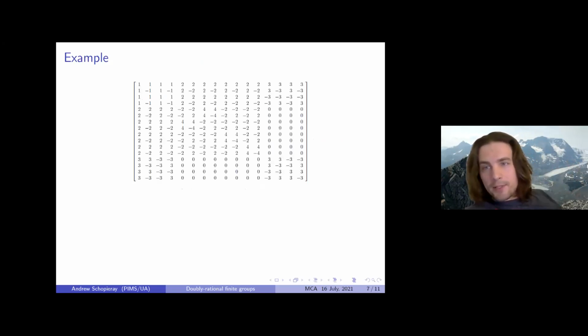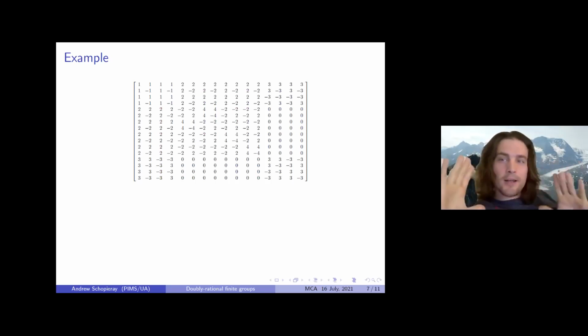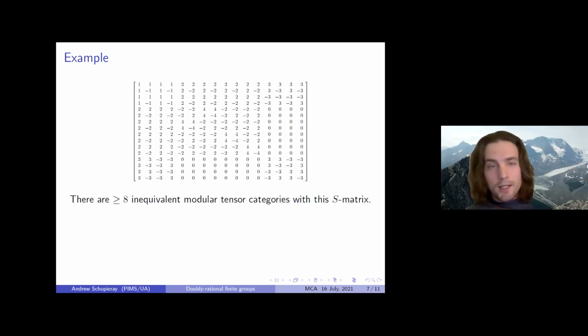As an example of this, here's a very modest S matrix. Really, it only has 1s, 2s, and 3s. Oh, it's got a couple 4s in it as well. So this is a very mundane example. But this S matrix has at least 8. While I was writing this, I could come up with 8 modular tensor categories off the top of my head which have this exact S matrix.